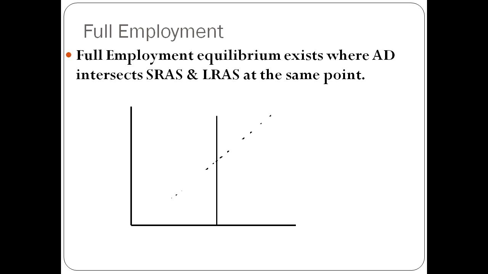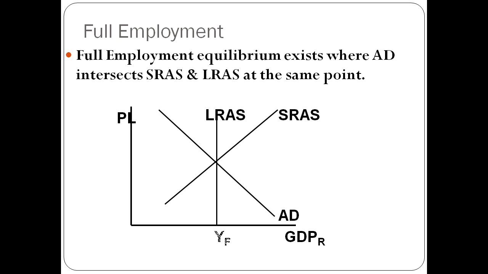Before we go into fiscal policy, let's talk about the goal of fiscal policy, which is to get back to full employment. Remember, full employment equilibrium exists where aggregate demand intersects short run aggregate supply and long run aggregate supply at the same point. Let's go over our AD-AS graph. We have price level on our y-axis and real GDP on our x-axis.